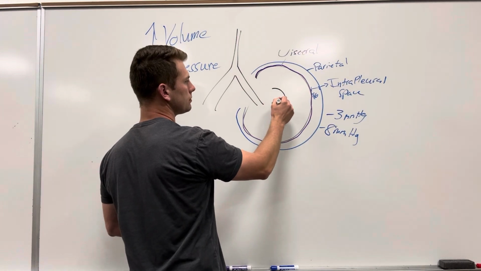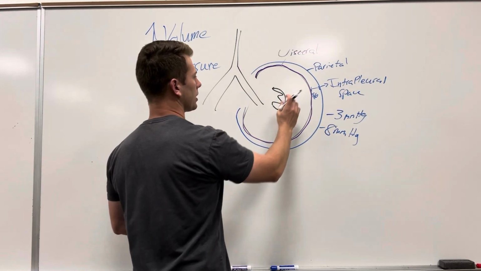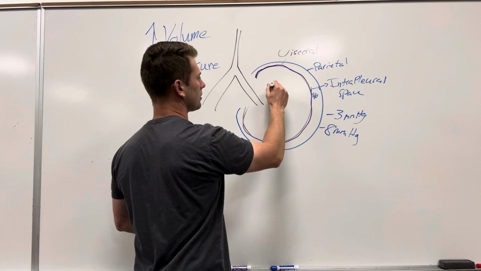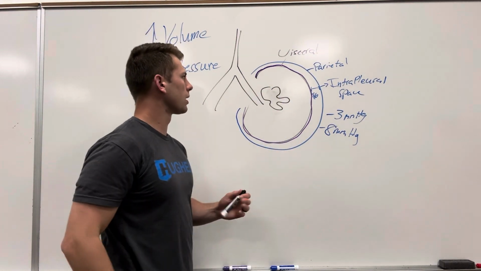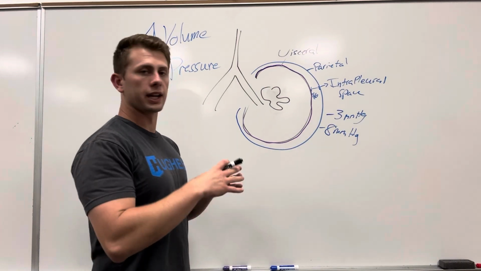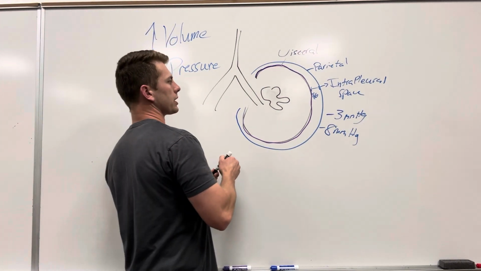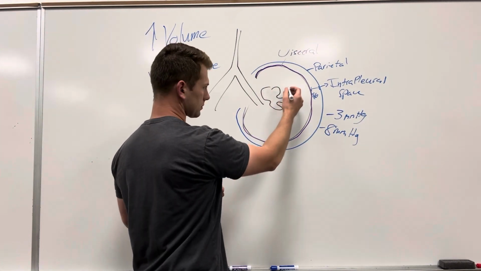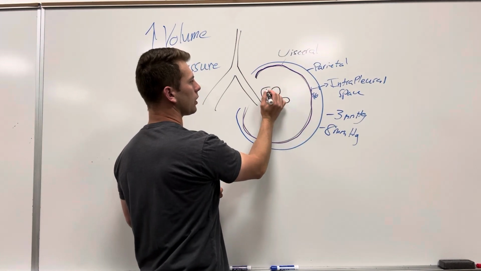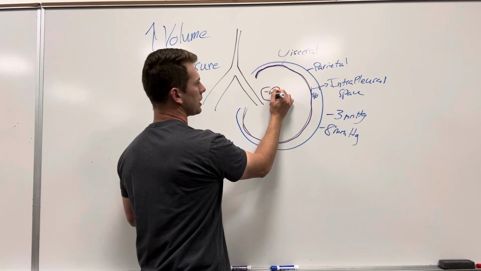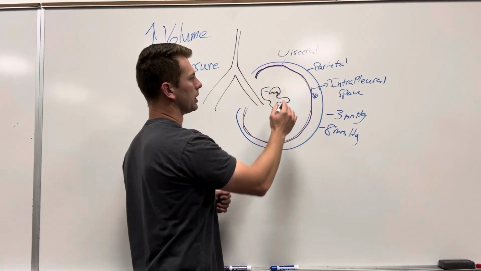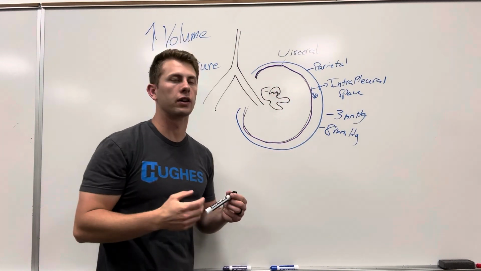alveoli. I don't really know how to draw it. I'll just draw it like this. But the alveoli, when it expands, elastin also expands this. And in the alveoli, when we're inhaling, it becomes a -1 millimeters of mercury of pressure in the alveoli.